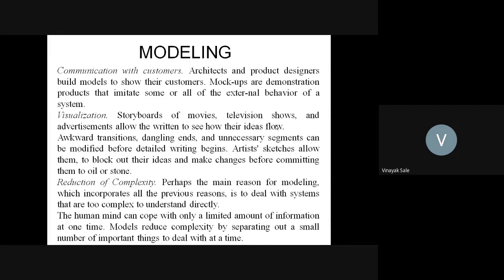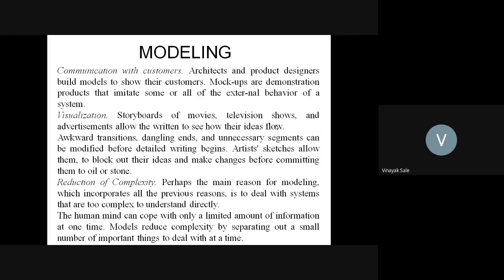Awkward transitions, dangling ends, and unnecessary segments can be modified before detailed writing begins. Artists' sketches allow them to block out their ideas and make changes before committing them to oil or stone.